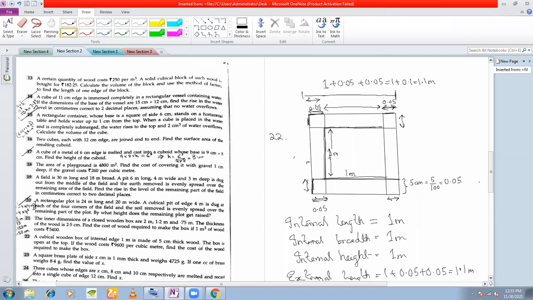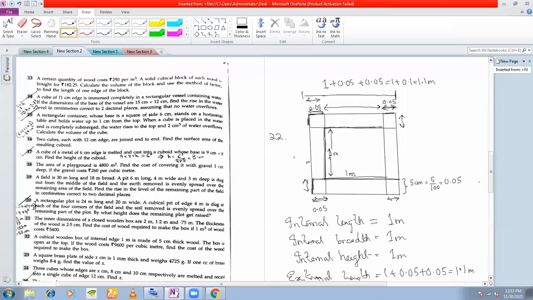If you are looking at the open top box from the side, is there any wood at the top of the box? No, sir. There is no wood, right? Is there any wood at the bottom of the box? Yes, at the bottom there will be, otherwise how will the box be, which is an open top box.